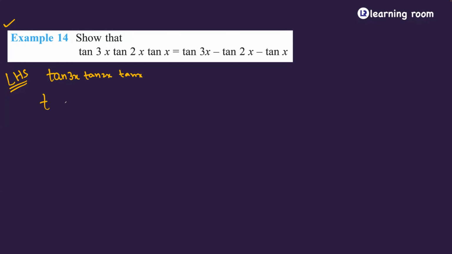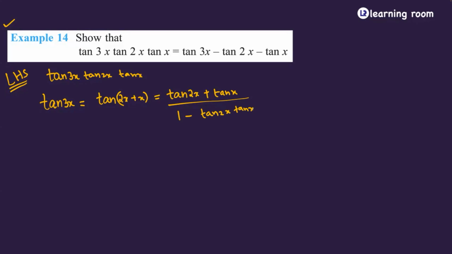If you take tan 3x, can I write this as tan of 2x plus x? So tan of x plus y is going to be equal to tan 2x plus tan x divided by 1 minus tan 2x into tan x. Am I clear with this?